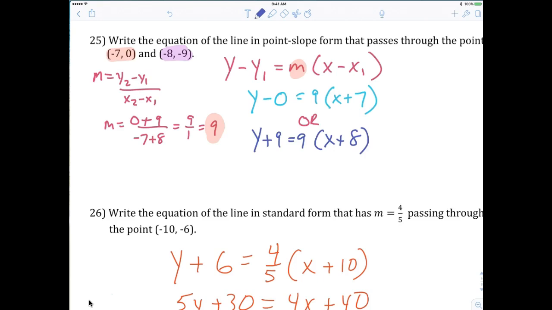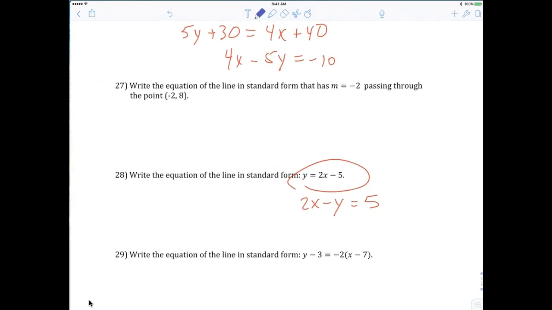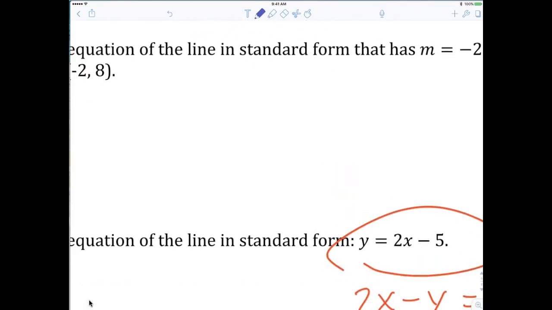All right, here we go. Let's try 27. Now I've got an issue here for 27 because it says standard form. So everybody needs to write down ax plus by equals c. That is considered standard form. Now I want to look.